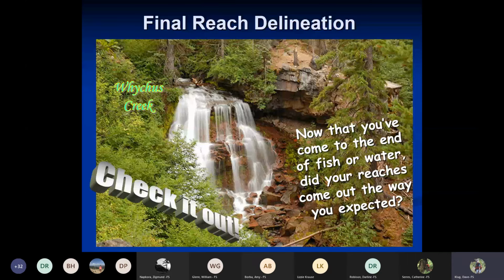You think back to the level 1 office overview, the detective work, as Katie puts it, that you did back in the office before you came out, and you got a vision for what the stream would look like and how it would be characterized. You're going to ask yourself, is this the way that I envisioned? Is this the way that it was captured and characterized in the office overview? And what did we learn?